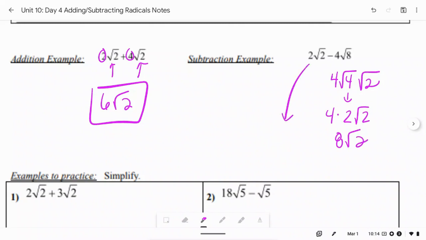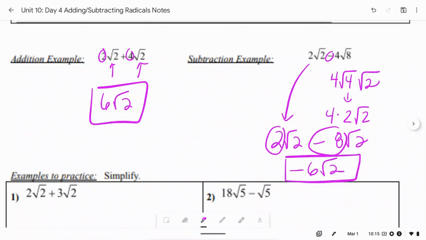And then don't forget to bring down the 2 square root 2 and this minus sign in the middle. Now that I've reduced everything, I ask myself again, are the radicands the same? In this case, they are now. So now I can combine them. So 2 minus 8 would give me negative 6 square root 2 as my final answer.